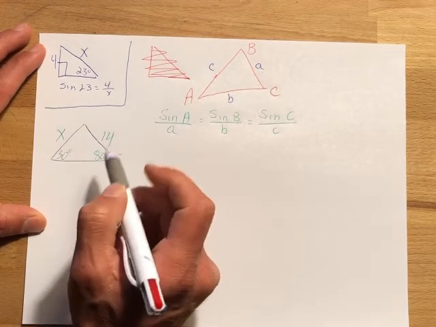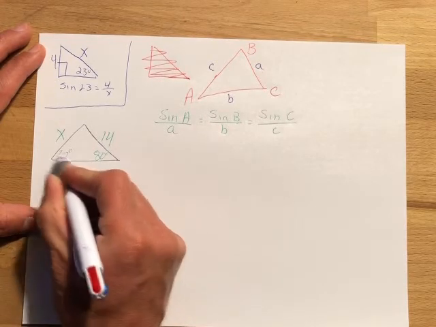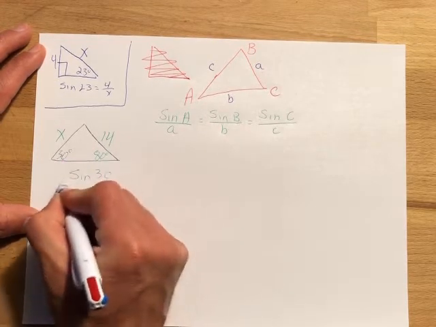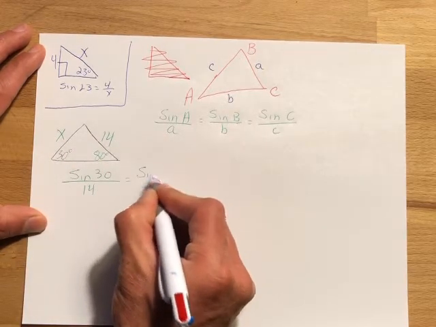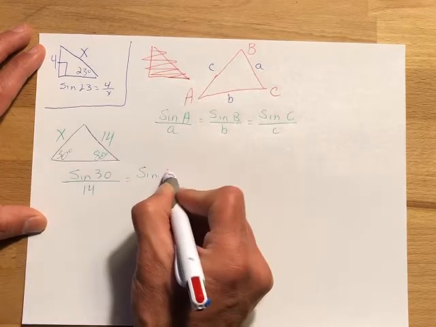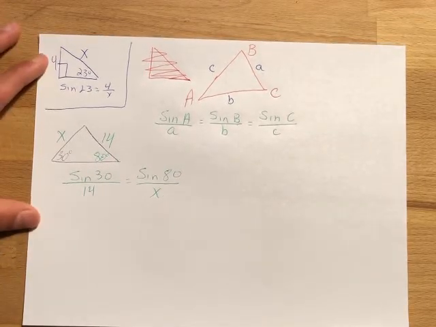I can't use SOHCAHTOA. So what I'm going to do is say sine of an angle over its opposite side, sine of A over side a, equals sine of another angle over its opposite side. So now I have a proportion all set up.